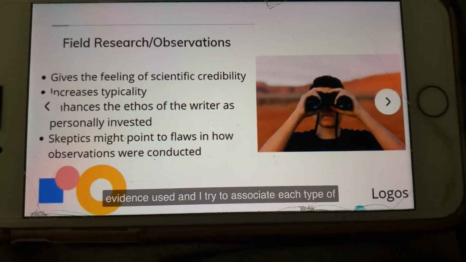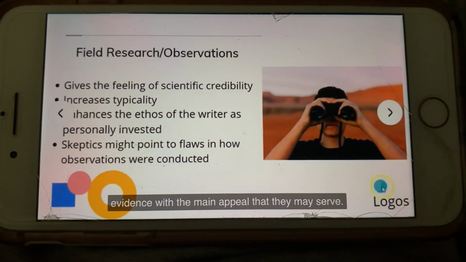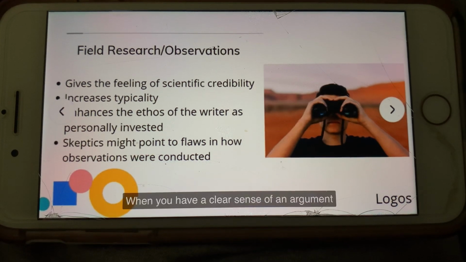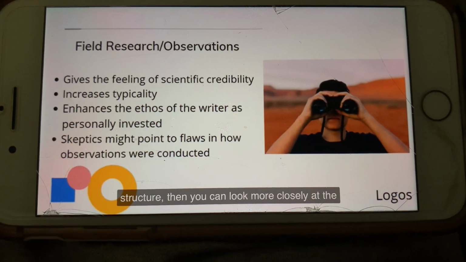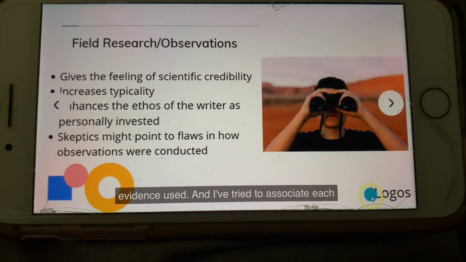And I've tried to associate each type of evidence that we're going to discuss in this lecture with the main appeal that they serve. So field research or field observations, they might make a logical appeal.